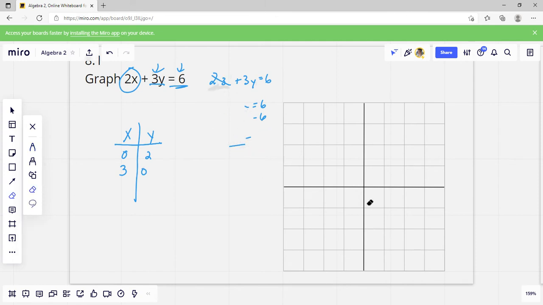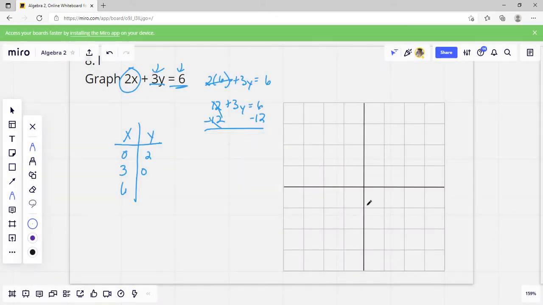All right, let's try another one. Let's try 6. 2 times 6 plus 3y equals 6. 2 times 6 will be 12 plus 3y equals 6. Minus 12 on both sides.